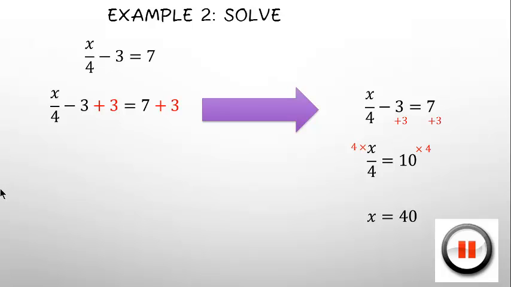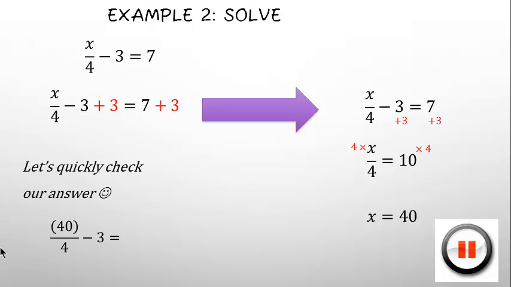Okay, again, we should just check our answer. So 40 divided by 4, I've just substituted the 40 in for x, is 10, minus 3, which equals 7. Okay, that answer is correct. I'd like you to pause now. Write that down, please. When you finish, press play, and we'll look at another example.